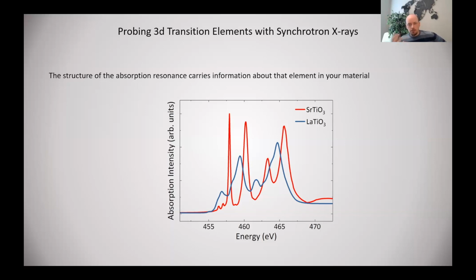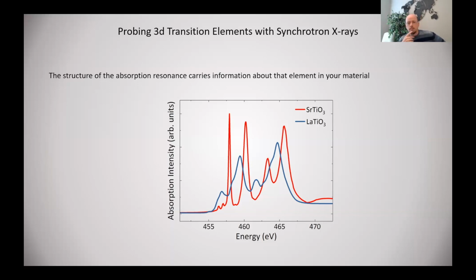If we were together in person, and this could be more interactive, I would maybe ask what is different about these materials. The answer here is the oxidation state. So titanium in the first material is in a 4+ oxidation state, and in the second material, it's in a 3+ oxidation state. So you can see now, okay, on the previous slide, we have sensitivity to the different elements.